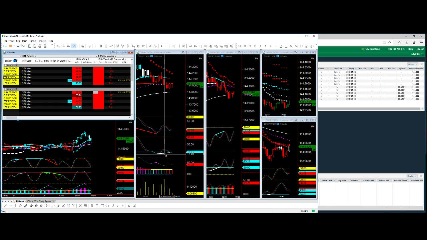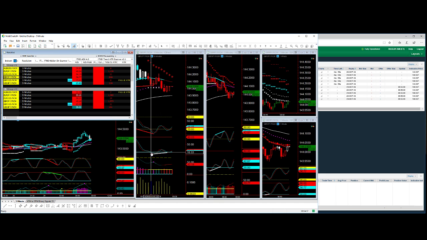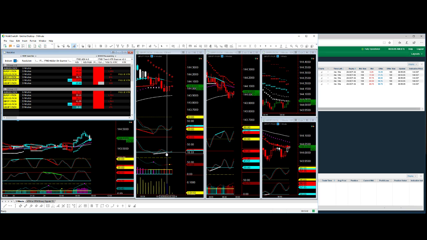Now you can see your trend divergence here, okay? I do not rely on this indicator for entry because I know it's going to come in late. I use the price bars.